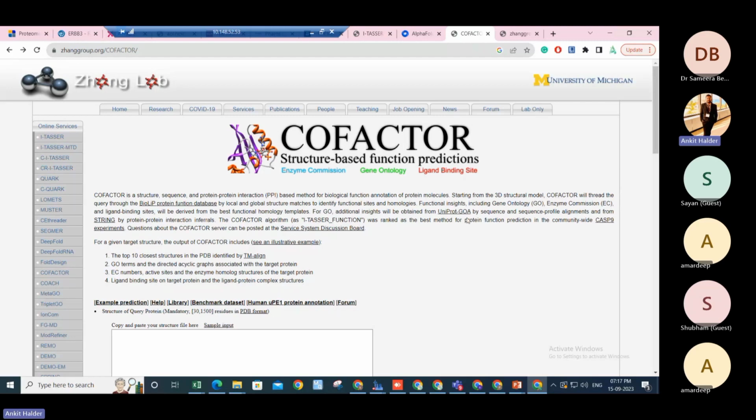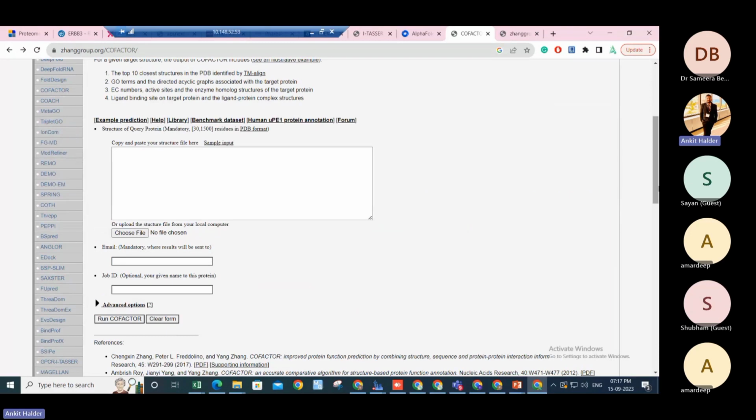You can upload both PDB files, one from I-TASSER and one from AlphaFold. That will identify how much the regions, the gene ontology, the molecular processes or the biological processes that you were getting are similar or different. So that's two exercises you can easily do.